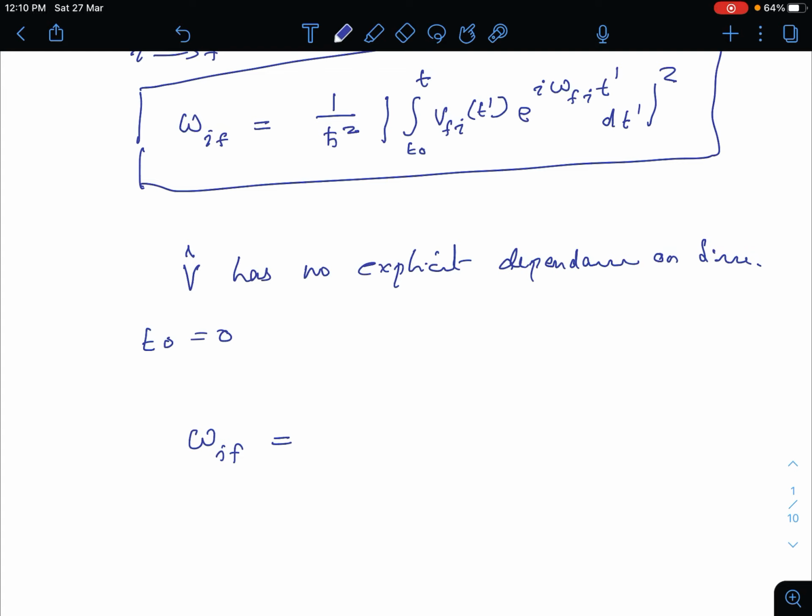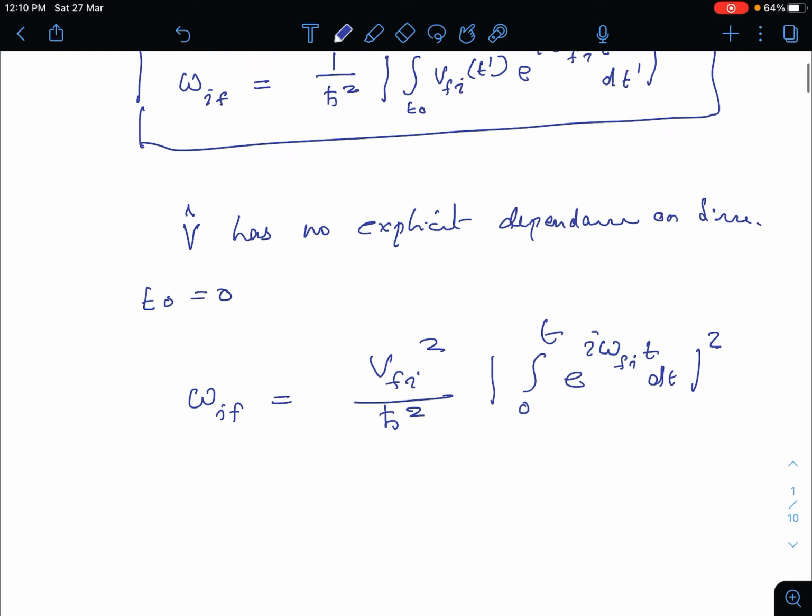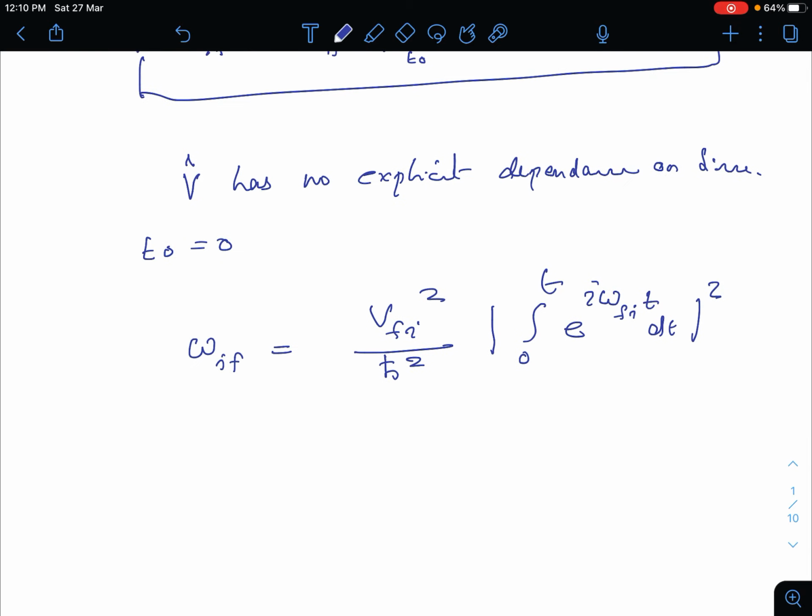So we can write V fi square, taken outside, divided by h cross square, then mod of the integral from 0 to t of e raised to i omega fi t dt, whole square. So this is the new probability which we will be talking about.